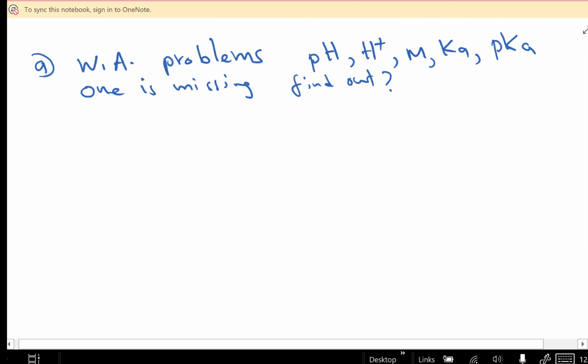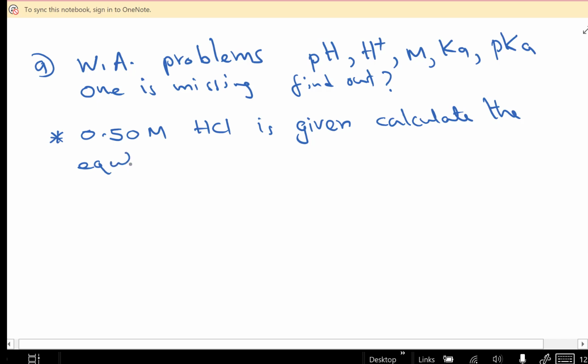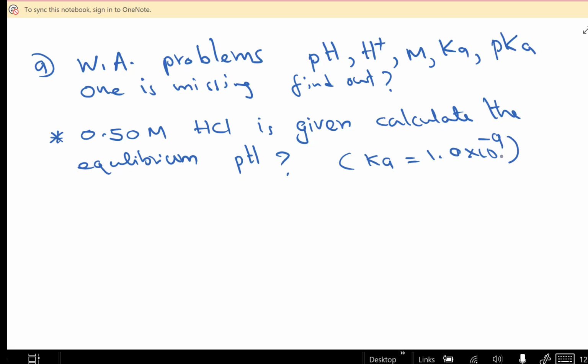That's the pattern of these questions. But you lay out the ICE tables all the same, okay? Now, let's say I'm given a question, 0.5 molar HCN is given and calculate at the equilibrium, what's the pH? So the Ka is given, 1 times 10 to the minus 9. So we're going to use that one.